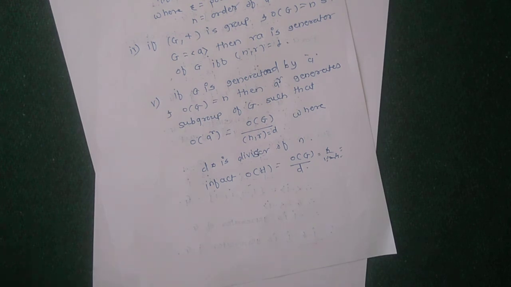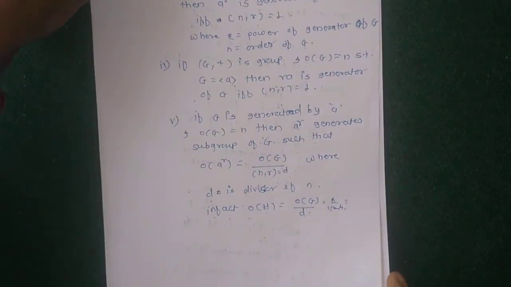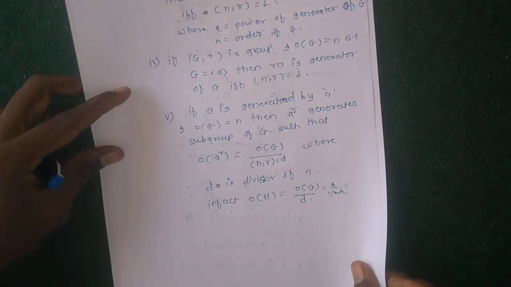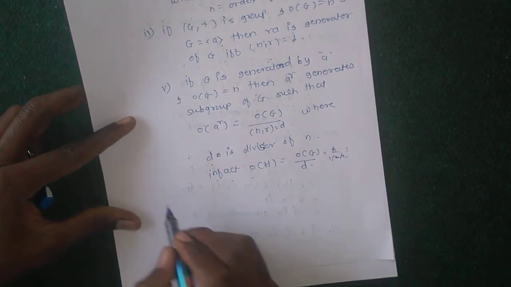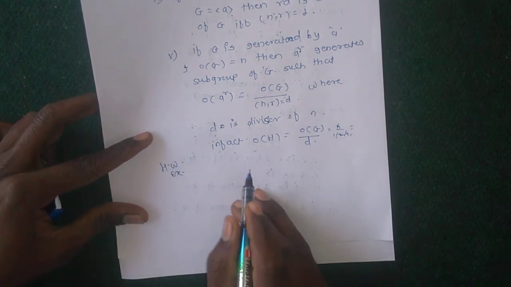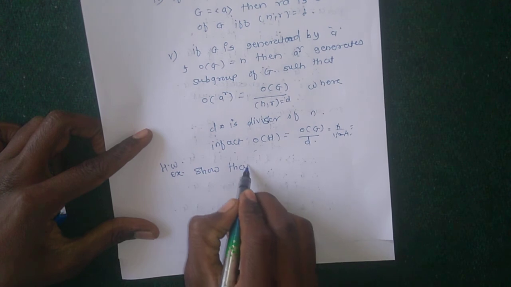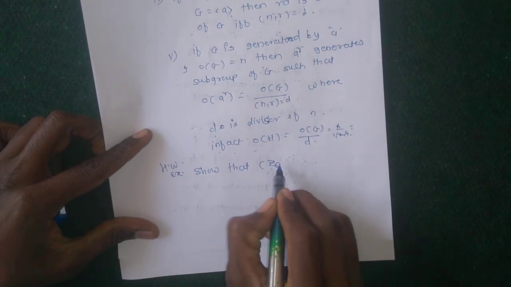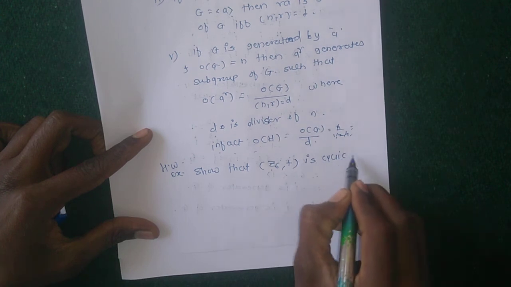Next, an example, one for homework. Show that Z6 with respect to addition is a cyclic group.